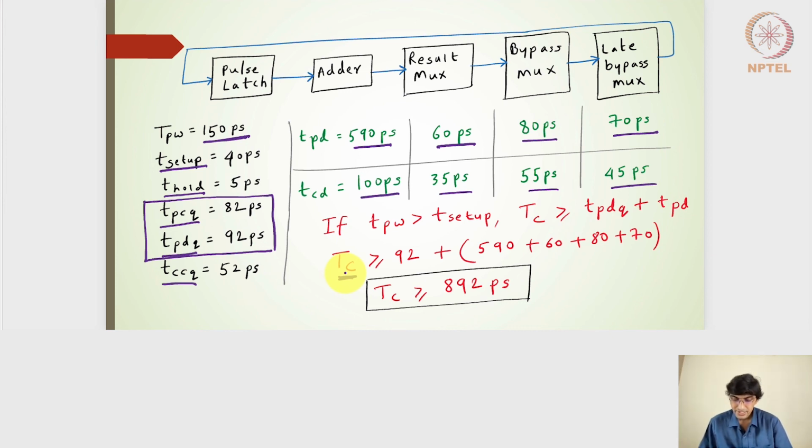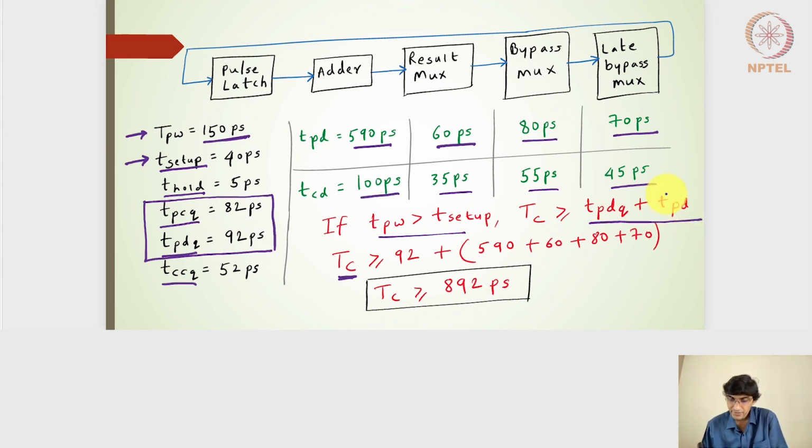For that purpose, we have to identify which expression to use, because in the pulse latch we have two different expressions. Based on the TPW and T setup time, we can choose one of them. If the TPW is much higher than T setup, then we go with the expression closer to the latch. If it is smaller, then we go with the expression closer to the flop. It turns out that the TPW is higher than the T setup time, so we will use the latch expression, which is very simple: TPDQ plus TPD.